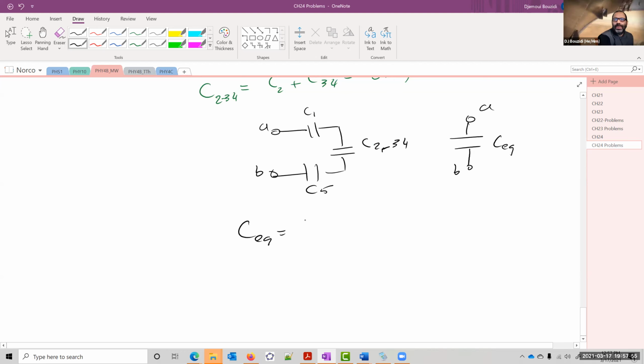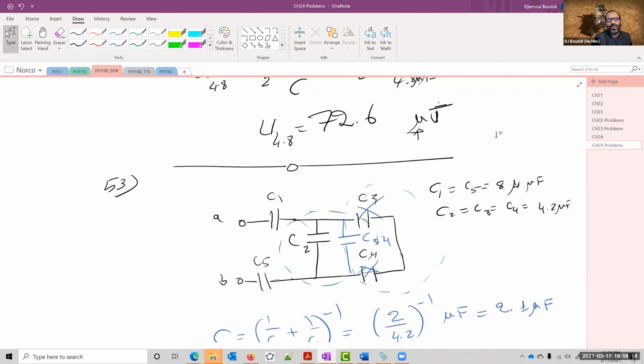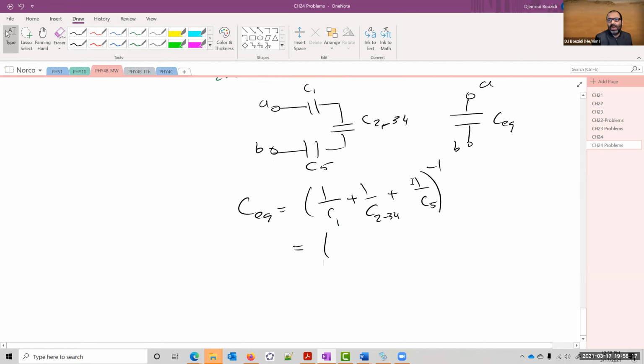Okay, it is going to be 1 over C1 plus 1 over the C between 2, 3, and 4 plus 1 over C5, all to the -1, because everything is in series now. That's why I'm using this expression. C1 is equal to C5, which is 8.4, and both of them are equal to one another.